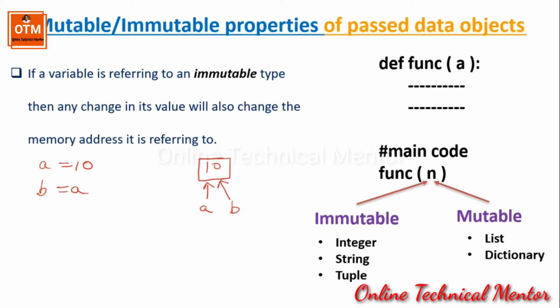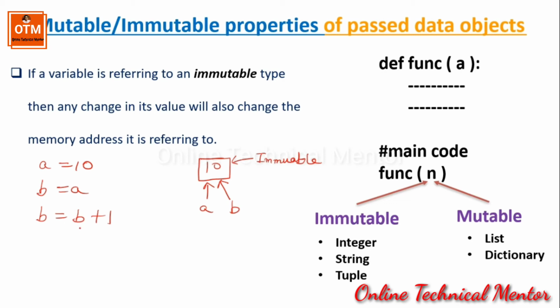I have already discussed it in the beginning of this video, and we all know that an integer is an immutable type. Immutable means it cannot change in place. That means we cannot change this value within this memory location. So when we are doing b equal to b plus 1, that means b is incremented by 1.